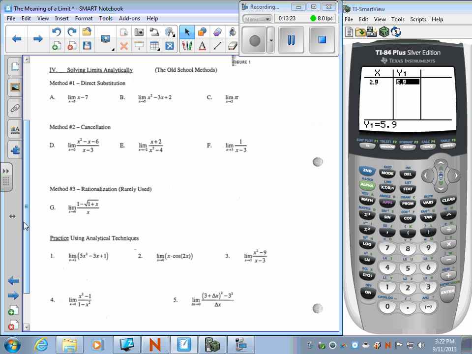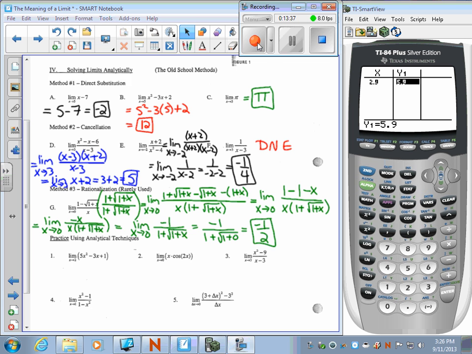And what I'd like for you to do is do A through G. And when you have those finished, go ahead and play the video again. And you can check your answers and then move on to the practice. So right now, pause the video so you can do A through D. Okay, so answers A, I got -2, B, I got 12, C, pi, D, 5, E, -1/4, F does not exist, G, -1/2.